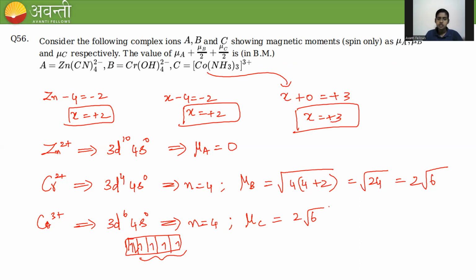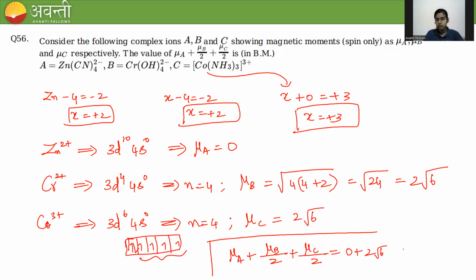Now, if we add all the magnetic moments, mu A plus mu B by 2 plus mu C by 2, we are getting 0 plus 2 root 6 by 2 plus 2 root 6 by 2, right? So the 2 gets cancelled, and we will have 5 as the value.